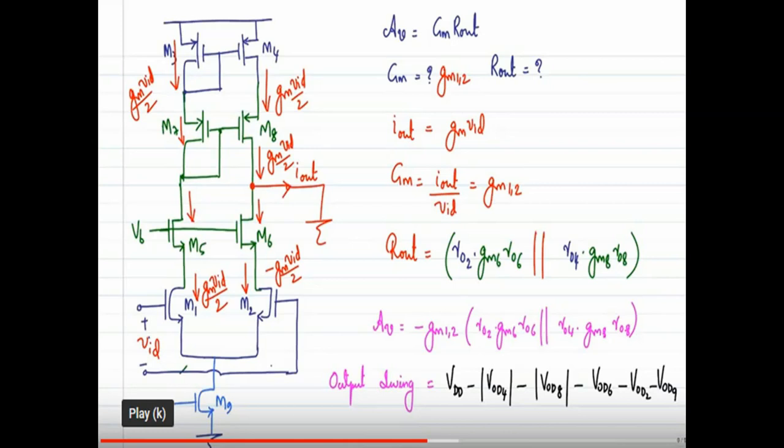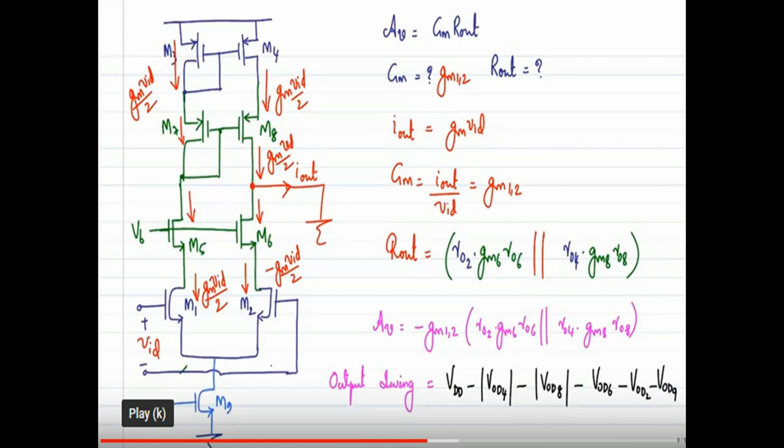So how to find output resistance R out? Without drawing the equivalent circuit, we can find the output resistance directly from this circuit. In order to find the output resistance from this circuit, we consider M2 and M4 as the input transistors.